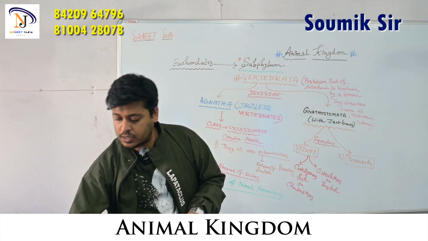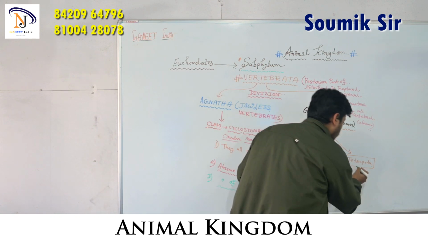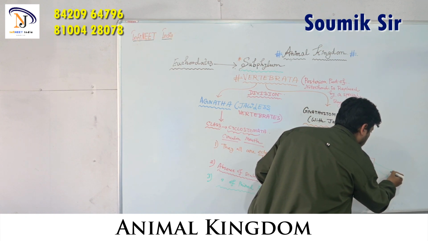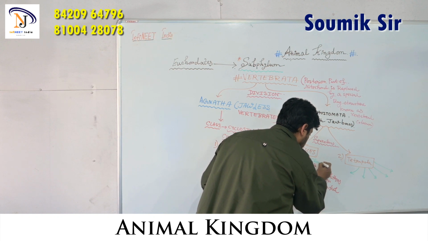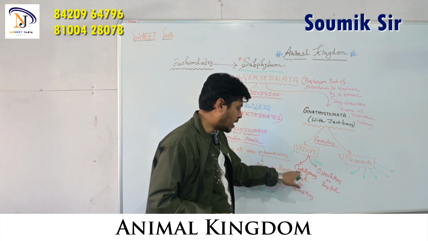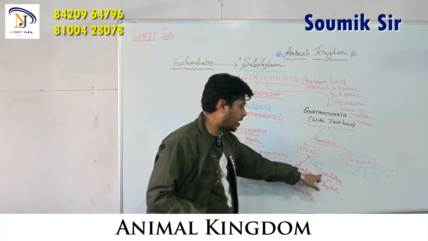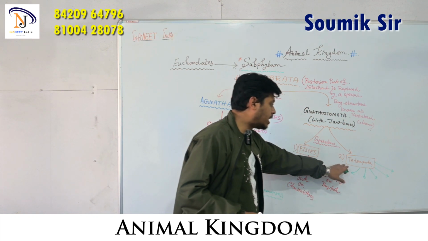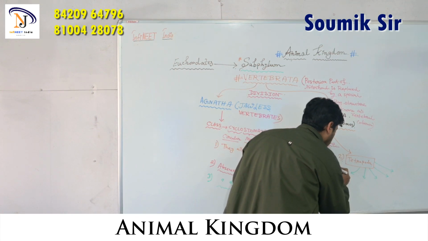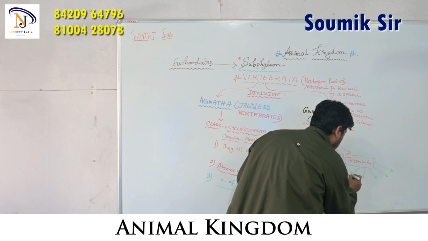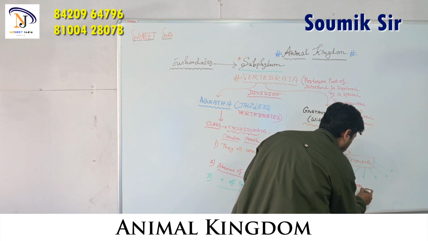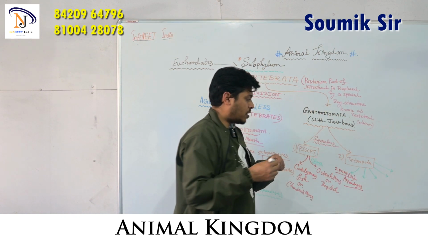Next, tetrapods. Superclass Pisces is divided into two classes, cartilaginous fish or chondrichthyes, and osteichthyes or bony fish. Then tetrapods: tetra means four or two pairs, pod means appendages, so four appendages are present.